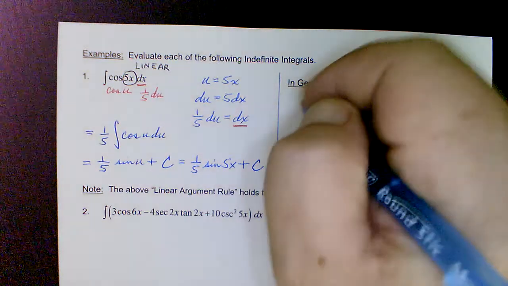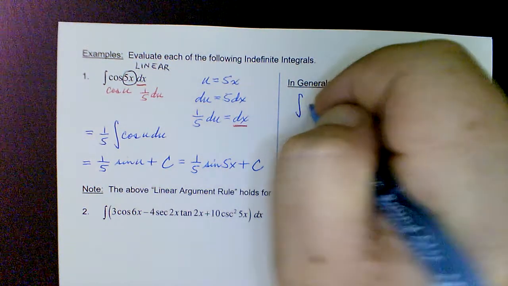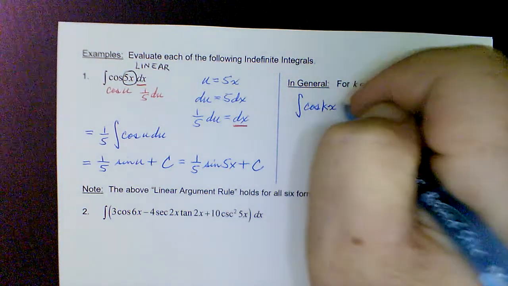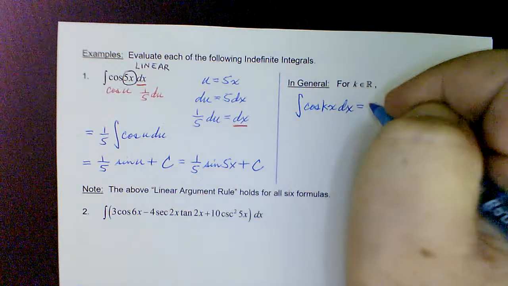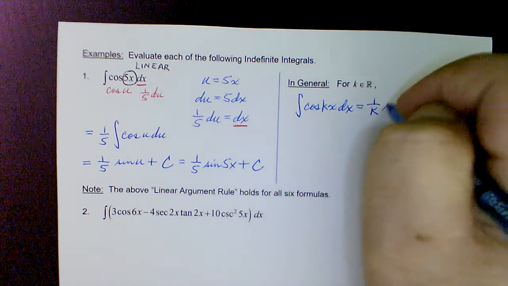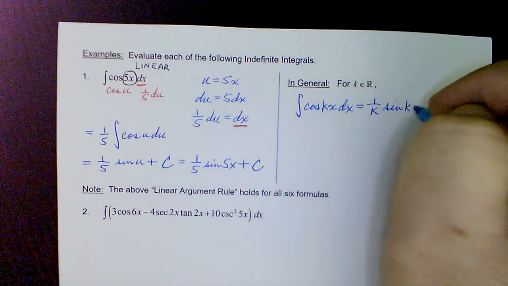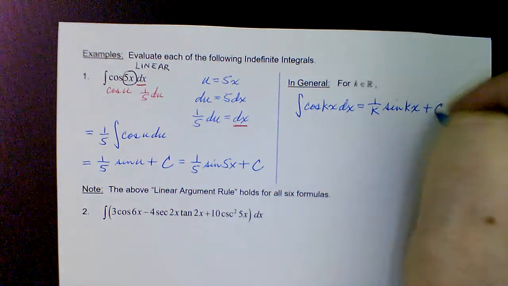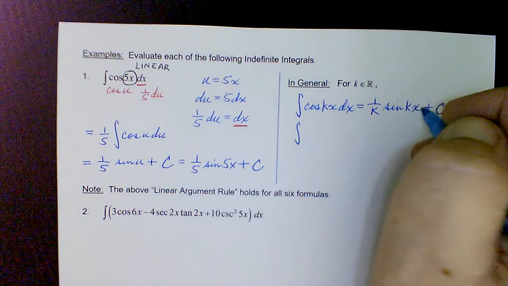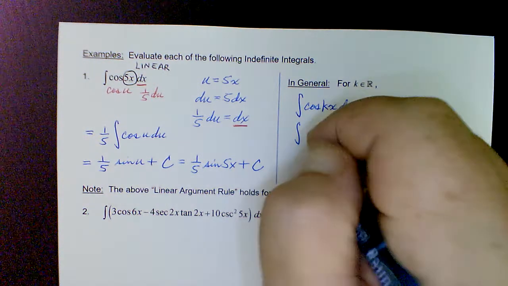So we could adopt a general integration formula, and we could say the integral of cosine of kx with respect to x is going to be equal to 1 over k times the sine of kx. So we get back the respective antiderivative, but just modified by 1 over k, and the linear argument stays.